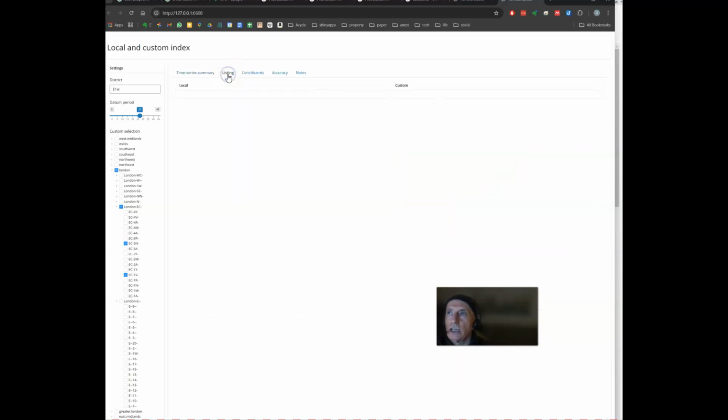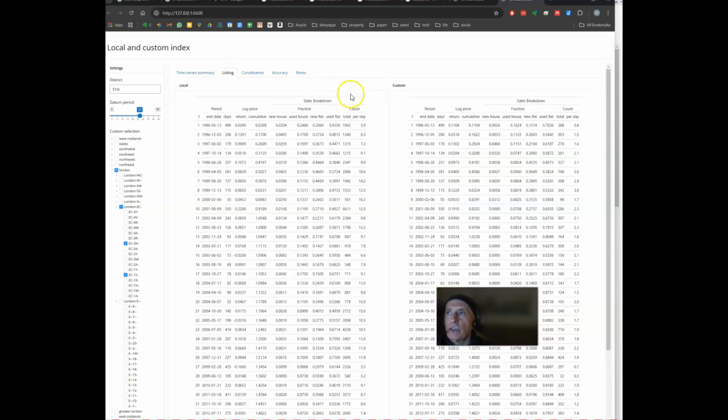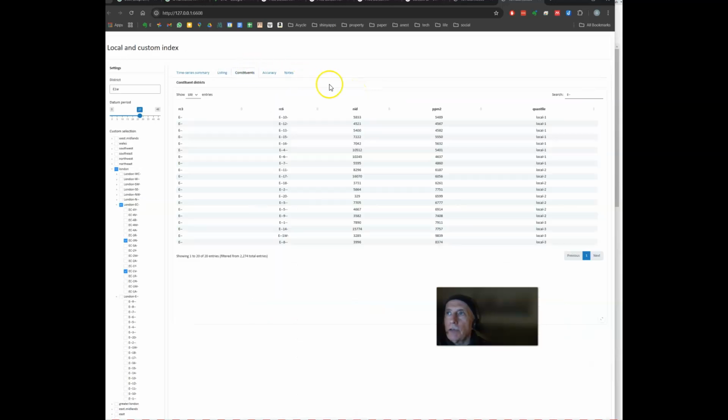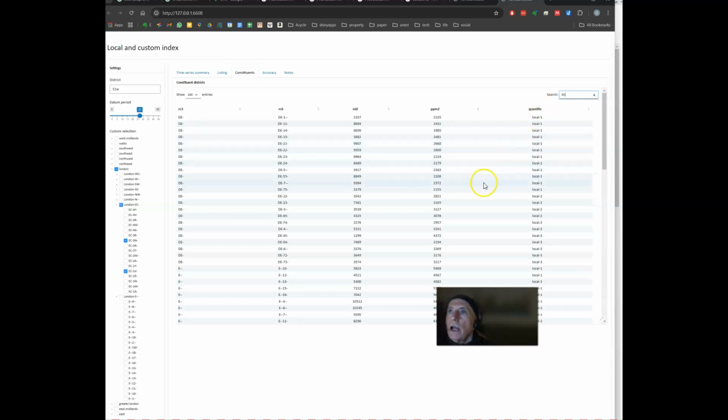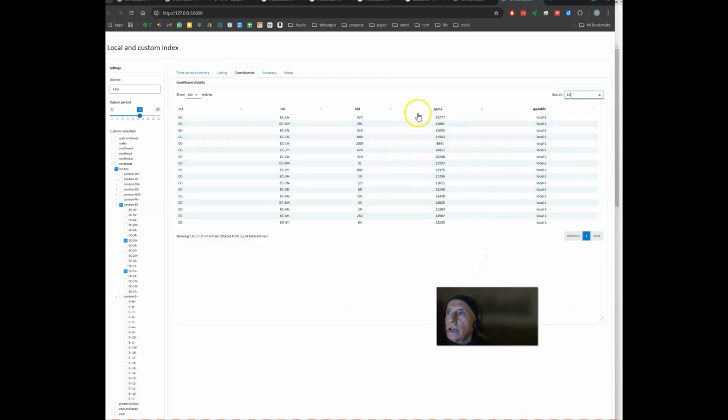We can look at the listing of the price of all of these districts. If we filter here on EC, on the City of London, we can see that they're all actually higher priced than Wapping, but the one that's closest is EC1V, so that's why I included that one.